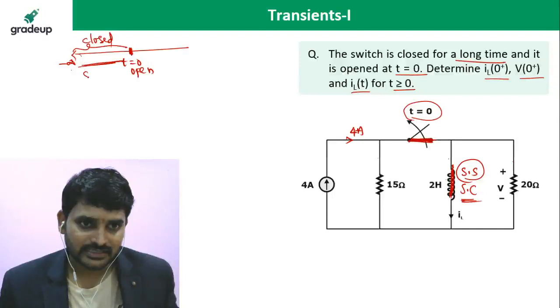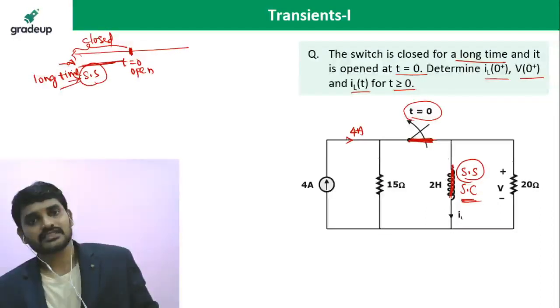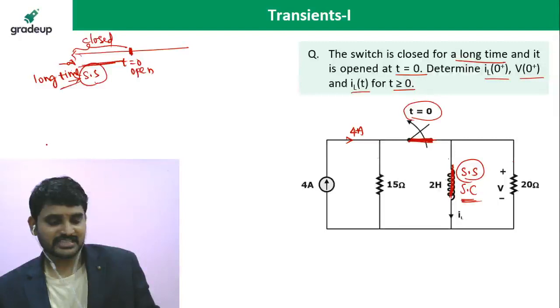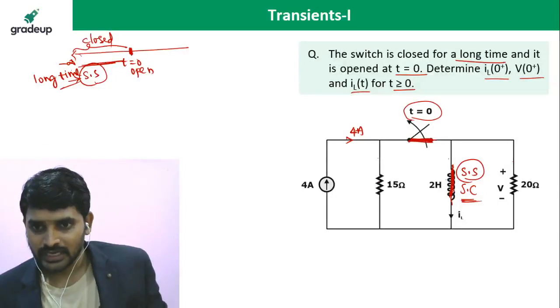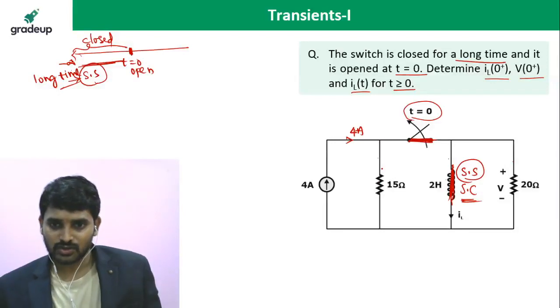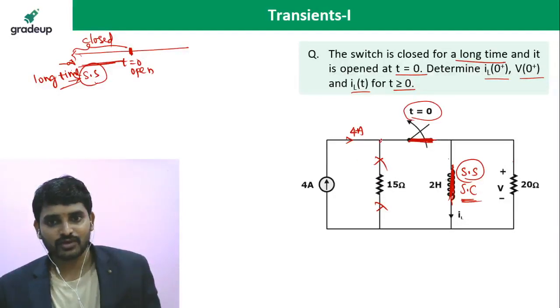Long time is a steady state. As the source is connected to the inductor for a long time, you can take it as steady state. In the steady state, the inductor behaves as a short circuit. Now, if the inductor is behaving as a short circuit, is there any current flow through 15 ohms? No current flow. This entire 4 amperes will flow through it.